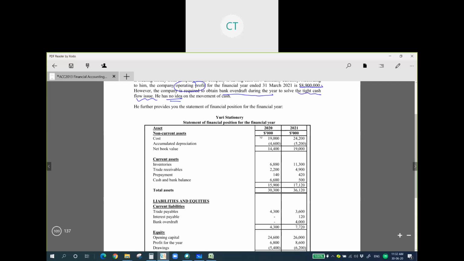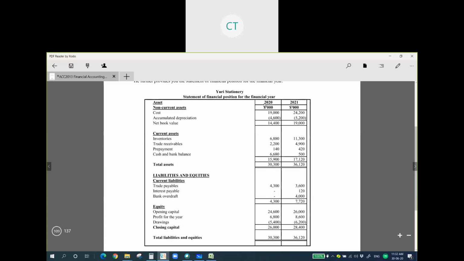So let's have a quick look. You can see that in 2020, the company cash and bank balances is 6.68 million. At the same time, the company doesn't have any bank overdraft. But in 2021, the company cash and bank balances in the current assets is only 500,000. But the company has a current liability, bank overdraft, 4 million.